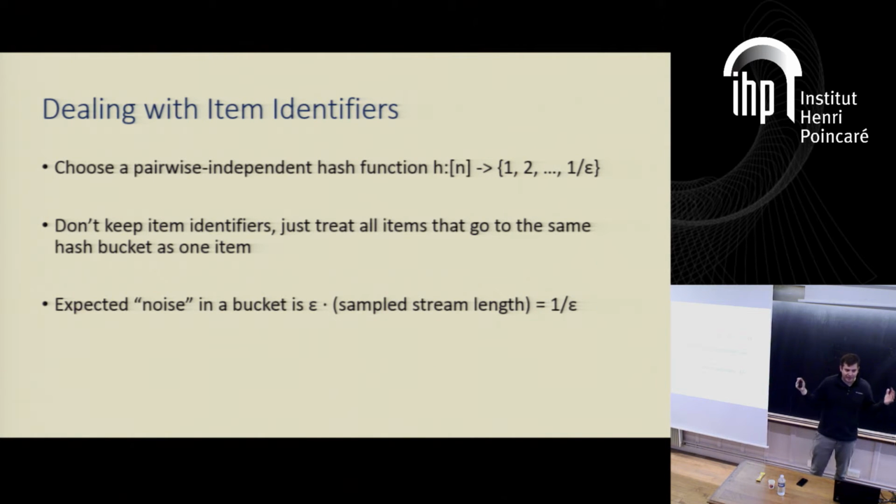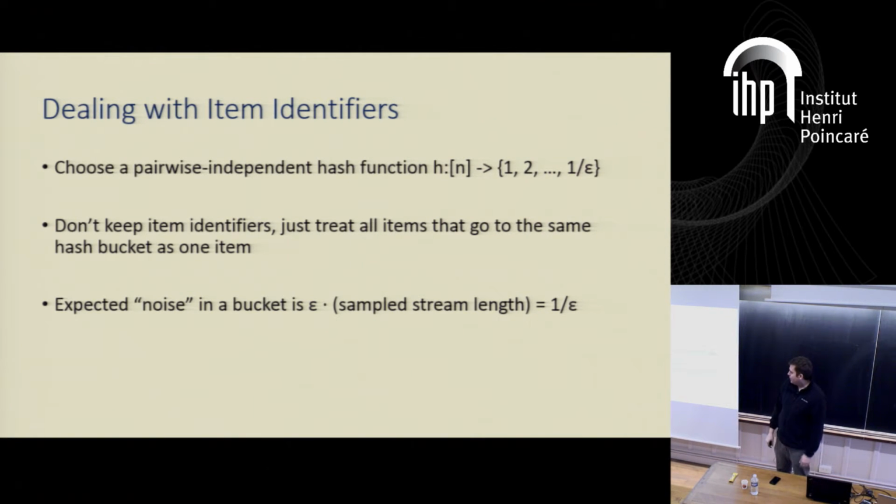We're still running this on the sampled stream. So the expected noise is 1 over epsilon, which is fine for us, because that is epsilon times the sampled stream length. So we're fine with having some noise inside of our bucket, and this removes the need to store item identifiers.